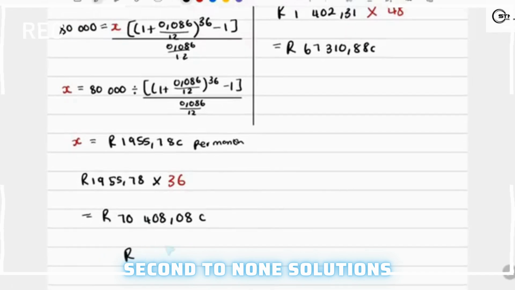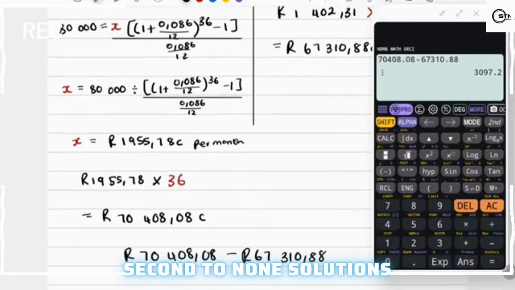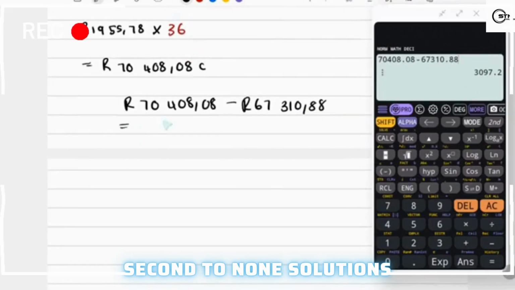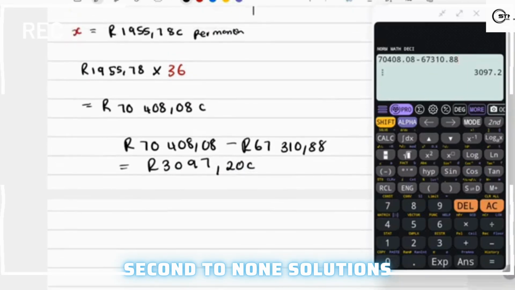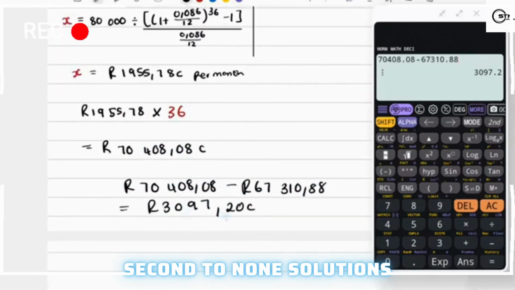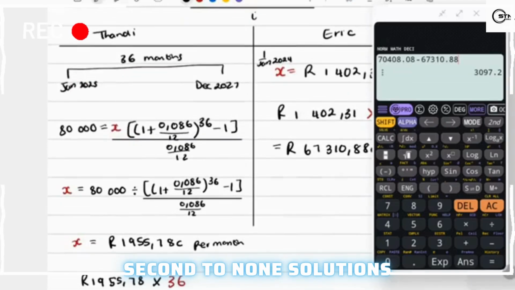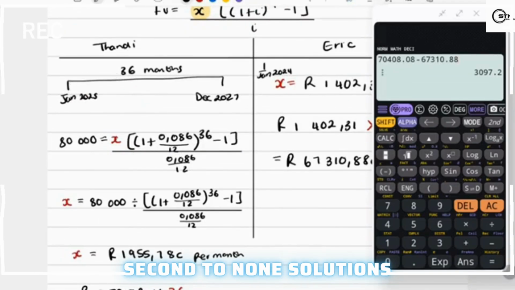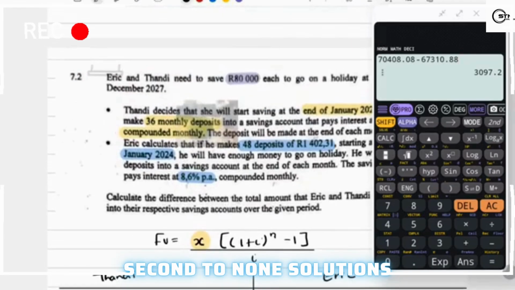The difference is 70,408.08 minus Eric's 67,310.88 cents, which gives 3,097.20 cents. So that is the difference. Tandi ends up paying this amount more than Eric because she decided to start a little later. That is question 7.2.